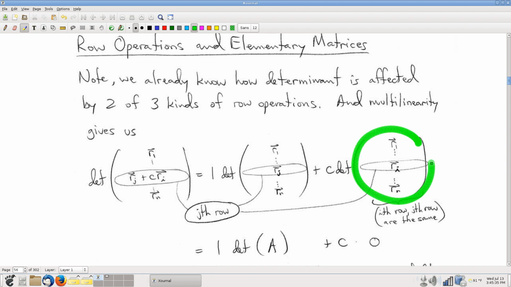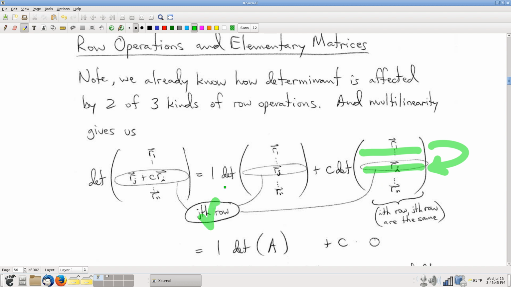So what about this matrix? What can I say about this? Well, this is the matrix that you get when you copy the ith row into the jth row. So what that means is these 2 rows are the same. And what do we know about determinants?